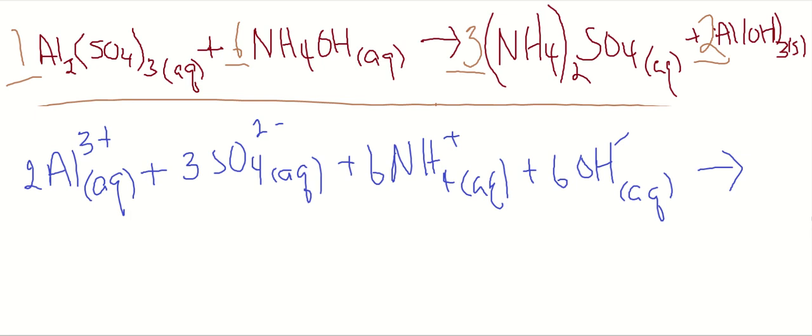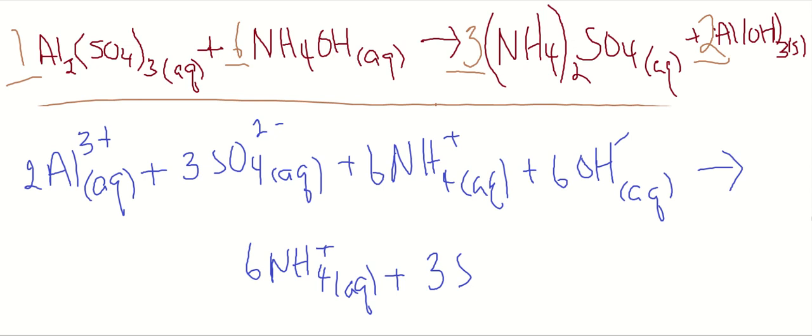Now to the product side. We have 3 moles of ammonium. Oh, sorry. Multiply. It should be equal on both sides. So we have 6 moles of ammonium in solution with 1 mole of, oh man, a lot of places to make mistakes here. 3, distribute that.